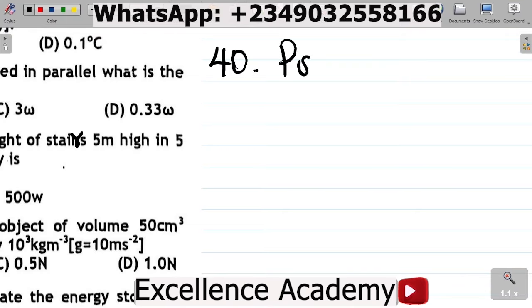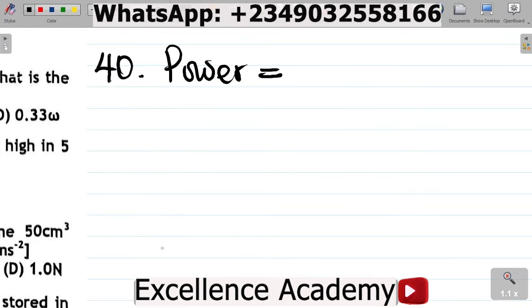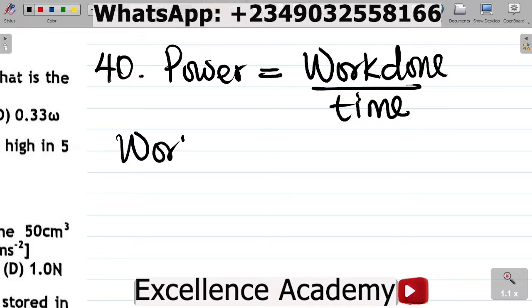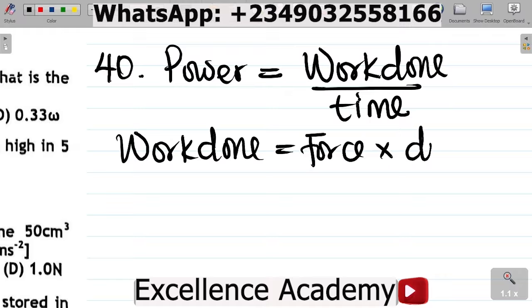Let's recall the formulas. Power is equal to the rate at which work is done, which is simply work done all over time. That's why we call it the rate at which work is done. Work done, on the other hand, is equal to force times distance.